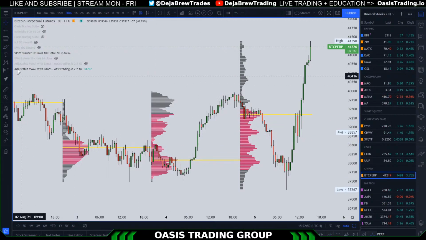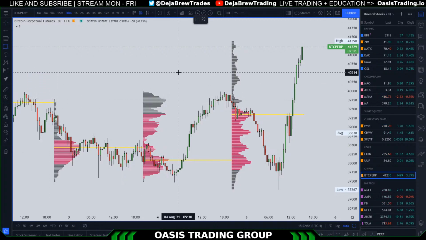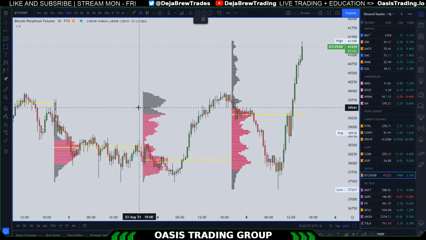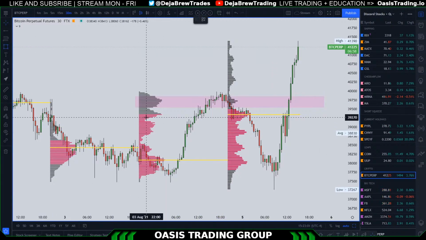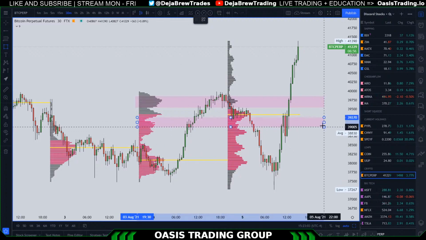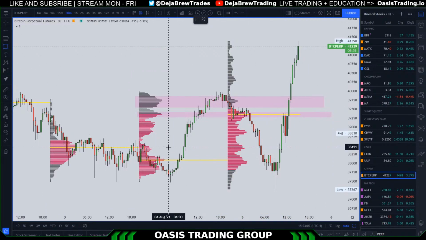Let's delete all these levels. I'm going to speed run through this so I can show you what you're looking for. You have a massive node right here. That's clearly resistance. We have a little node right here. This node you can kind of ignore, but that is a pretty strong node as well.